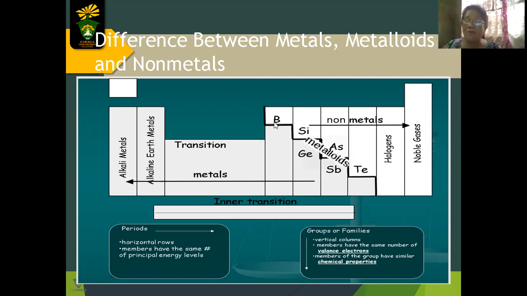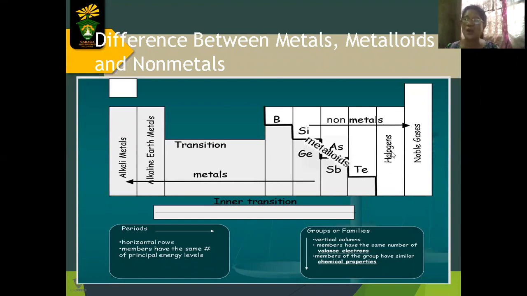It's easy to memorize because there are only 6: boron, silicon, arsenic, antimony, germanium, and tellurium. Okay, so this side here, the left side, are all metals. Then the zigzag parts here are the metalloids, and the right side here are the non-metals.